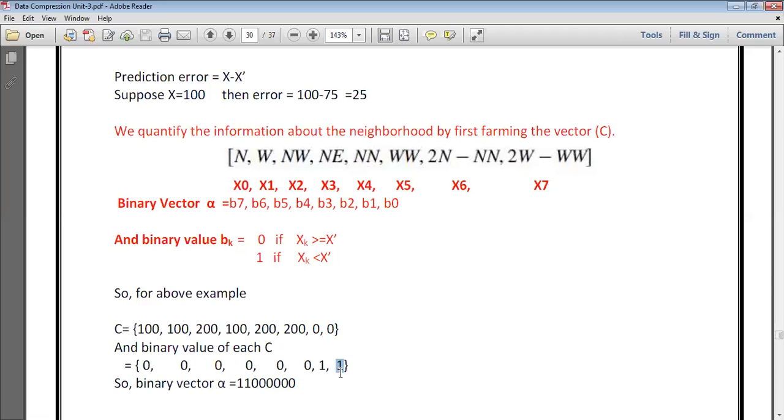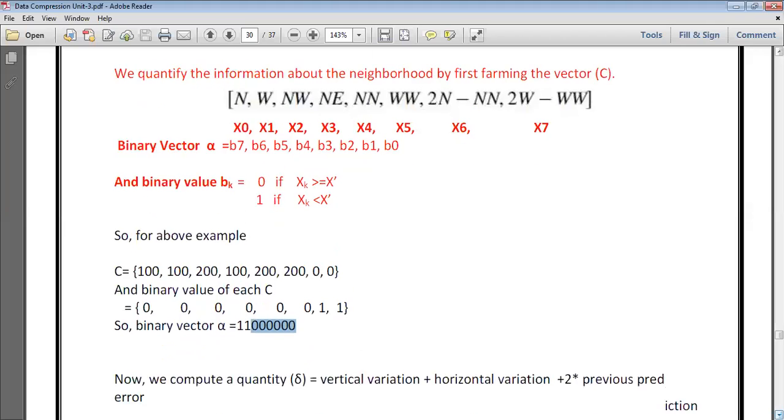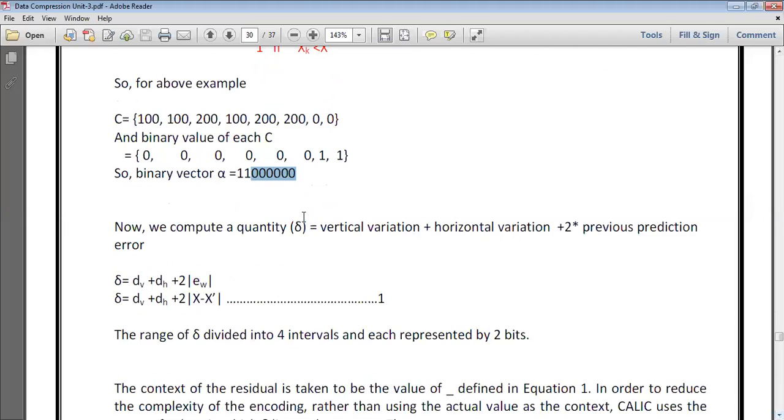Firstly we take 1, again 1, then 0, again 0, and so on. So we find the binary vector for the given example is 11, then 00, 00, 00, meaning six times 0. With this process, we can compute the binary vector, which is 1, 1, and six times 0.